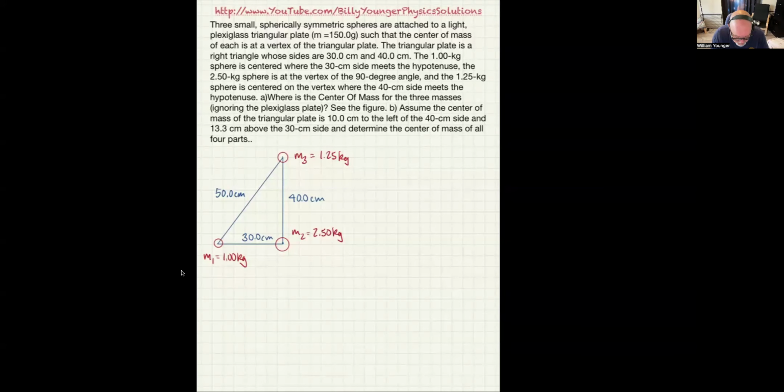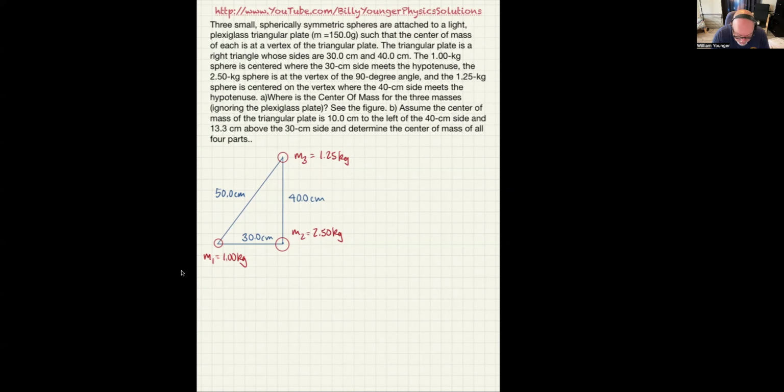Let's go ahead and open up my iPad and share the screen with you guys. All right, so you can see the problem typed out here as well as a diagram to show exactly what I'm talking about. It says three small spherically symmetric spheres are attached to a light plexiglass triangular plate whose mass is 150 grams, such that the center of mass of each is at a vertex of the triangular plate.